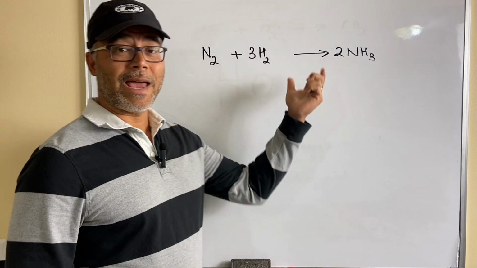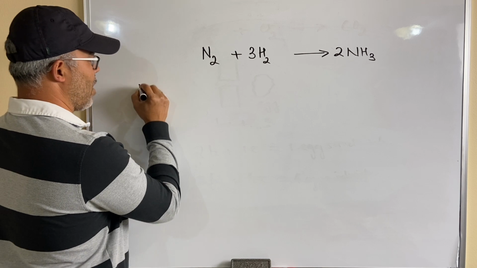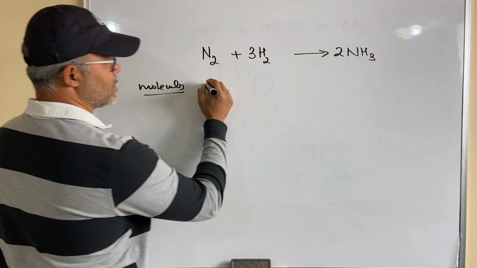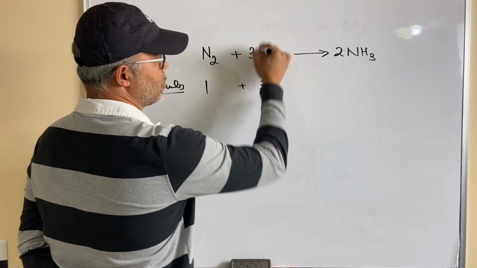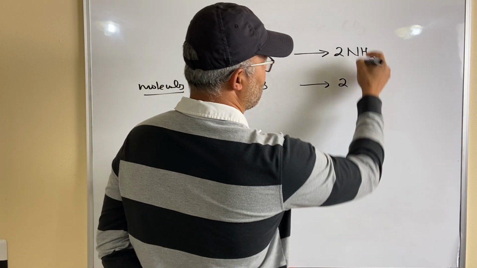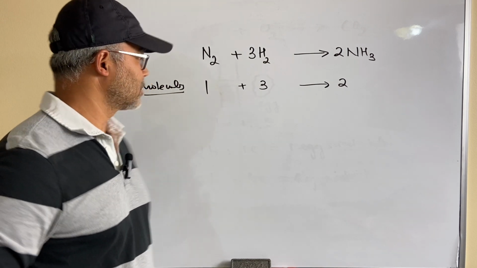So it turns out what this reaction is really telling us, if we think in terms of molecules, is that we need 1 molecule of nitrogen plus 3 molecules of hydrogen, H2, and that gives us 2 molecules of NH3. Okay, so that's how it works.